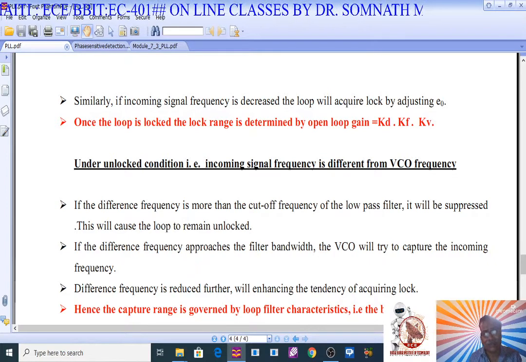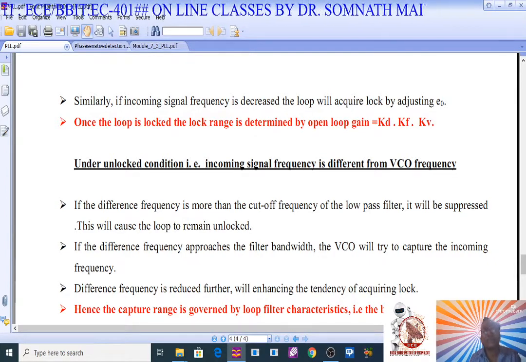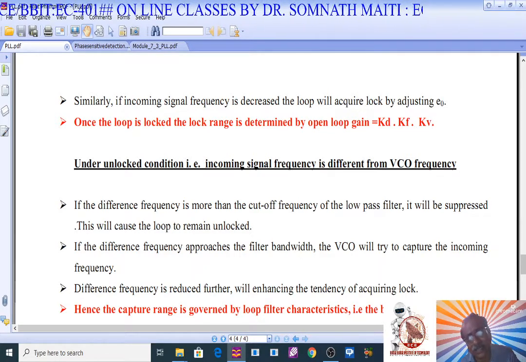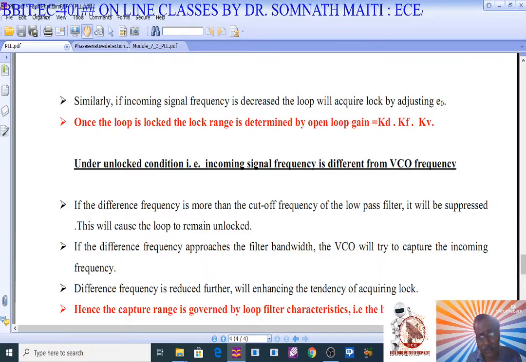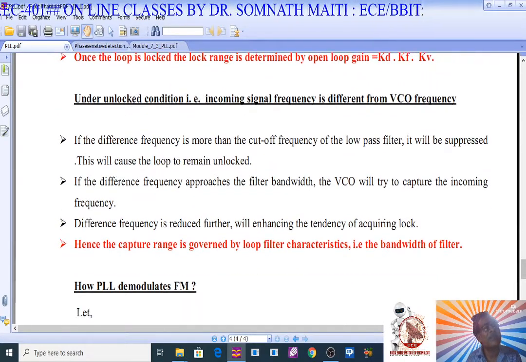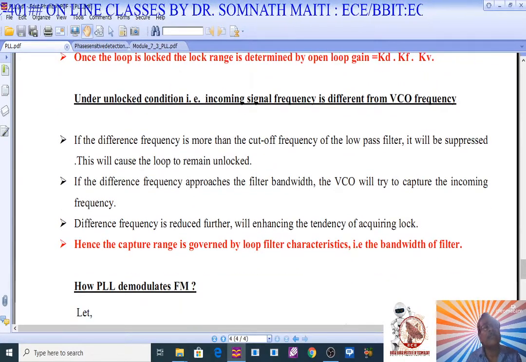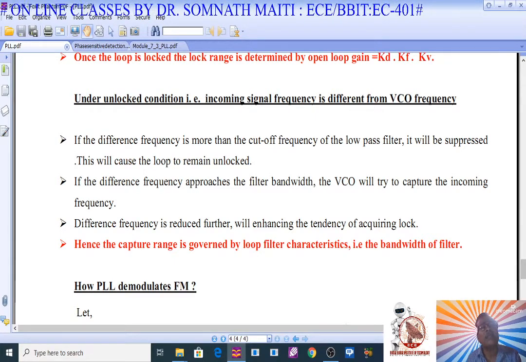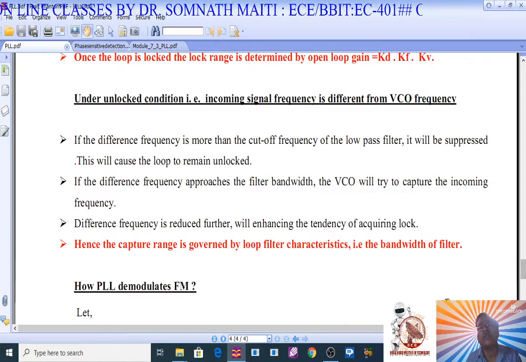The product of KD, KF and KV that I have already explained is known as the open loop gain, which you have studied in feedback systems in analog electronics. In an unlocked condition, the incoming signal frequency is different from the VCO frequency.